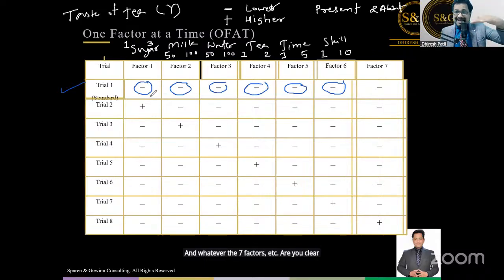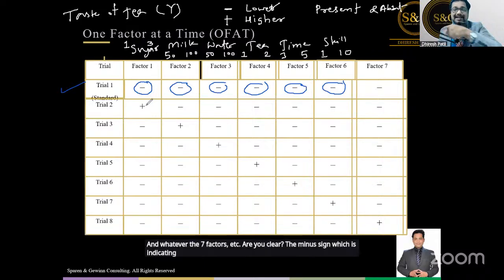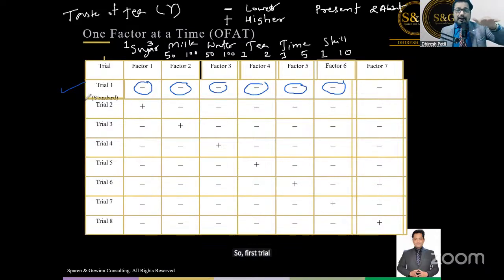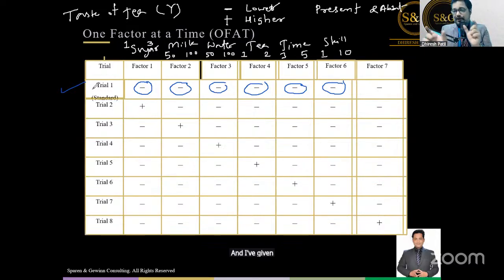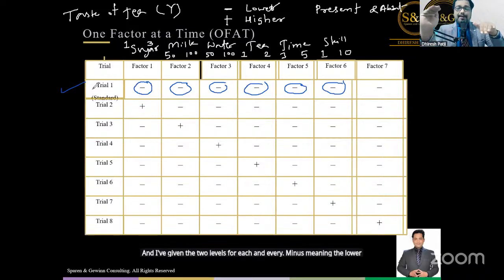The minus sign indicates the lower setting of the parameter. So the first trial will have all the lower settings. Are you clear? So what I've done is select the factors which are impacting my test, and given 2 levels for each. Minus means the lower level and plus means the higher level.